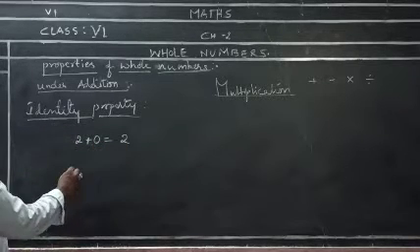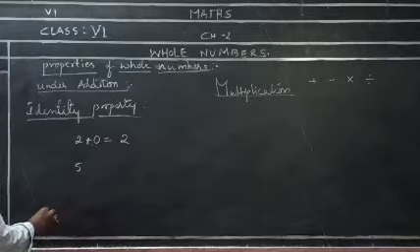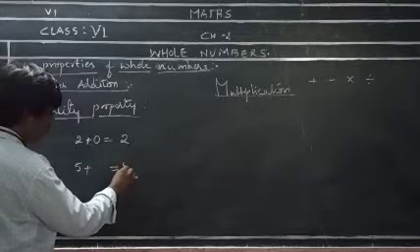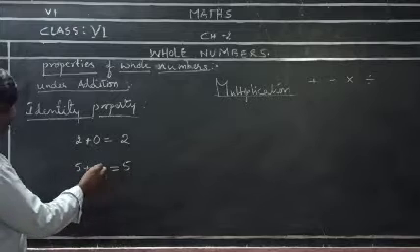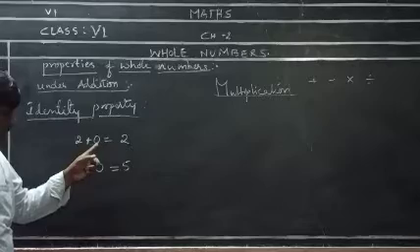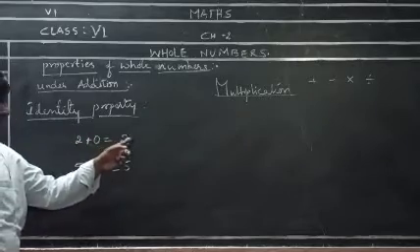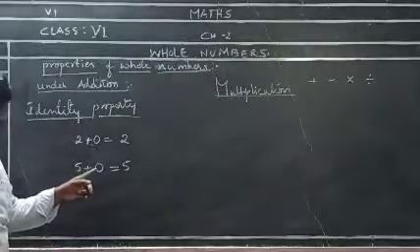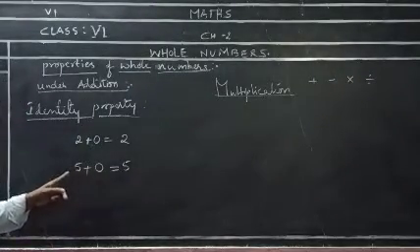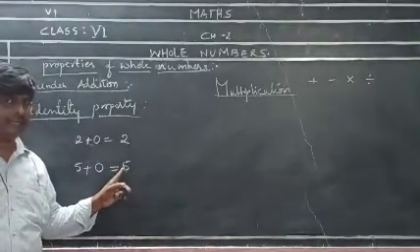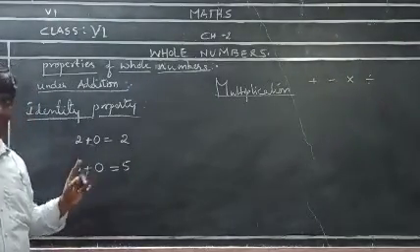Not only that, suppose I take one more whole number, 5. What number, if I add to 5, so that I will get 5? Again 0. Means if we add 0 to any number, we will get the same number as a result. Again I am telling, if we add 0 to any whole number, we will get the same number as a result or the same number as a sum.